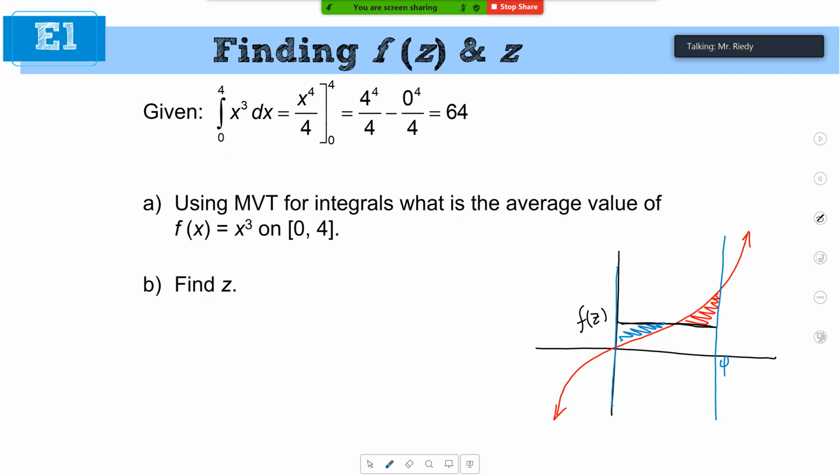Now, the application. Once we're done finding f of z, we're going to go backwards to find this point, which is z. Okay, so before I start the mechanics, any questions on the theory here or the concept that we're going to work for? And like I said, this is a little unusual. We're not used to going from the y to get the x, but that's how we're going to do it.